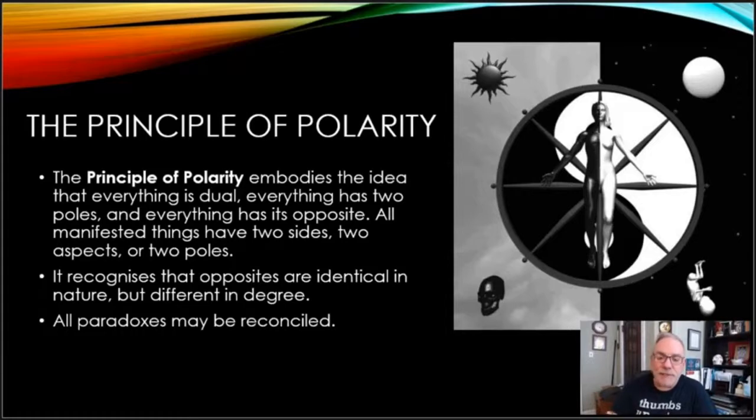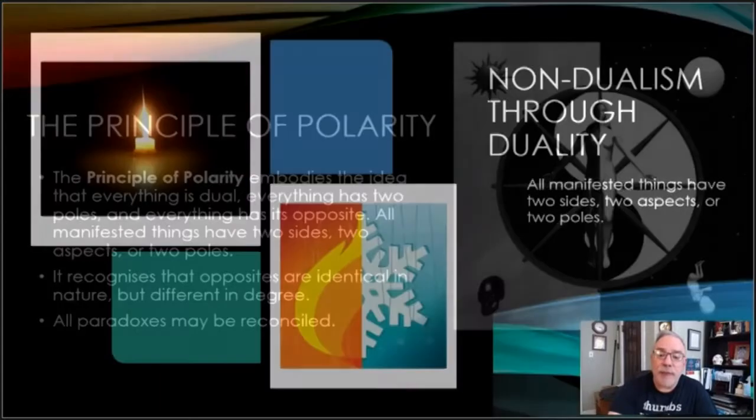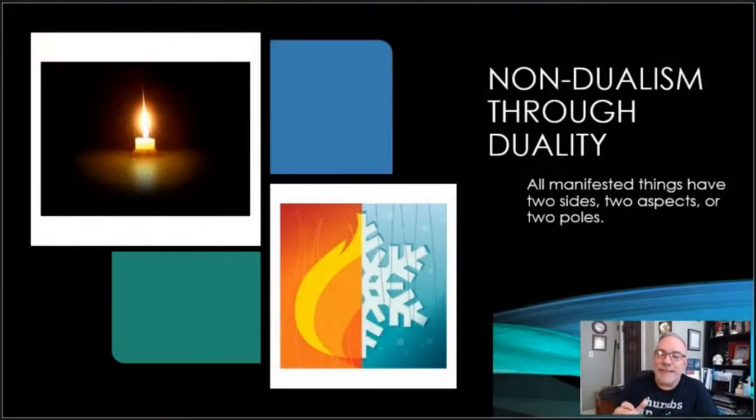But as I began to unpack what it actually teaches and began to study Hermetics more deeply, I began to understand that there was actually no disparity at all. You see, this is about taking the journey to non-dualism through duality. Understanding that all manifest things have two sides, two aspects, two poles.